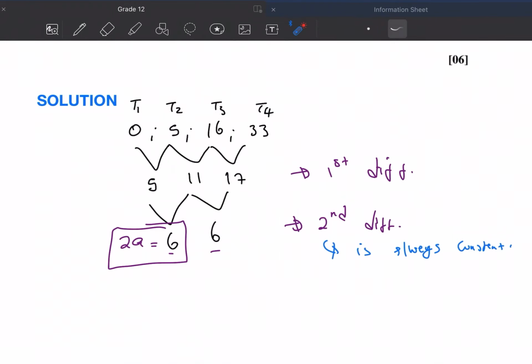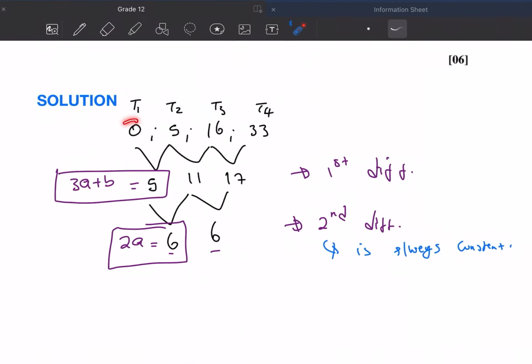And this value here is always going to be equal to 3a plus b. When you're told this is a quadratic sequence, you first do your first difference, then your second difference, which is always constant, and its value is always 2a. The value of the first difference is always 3a plus b.